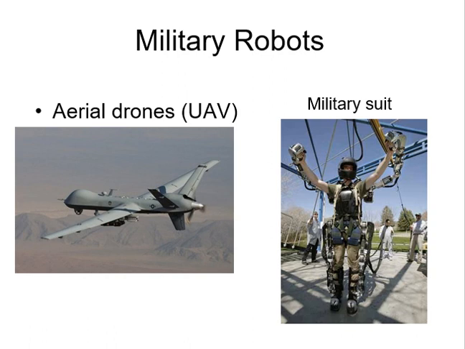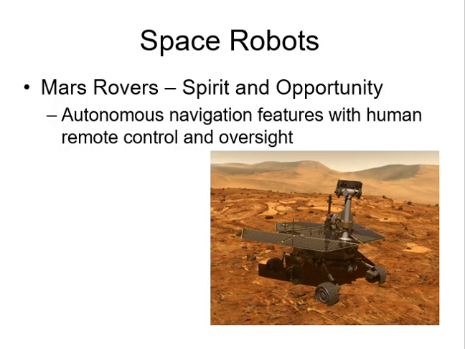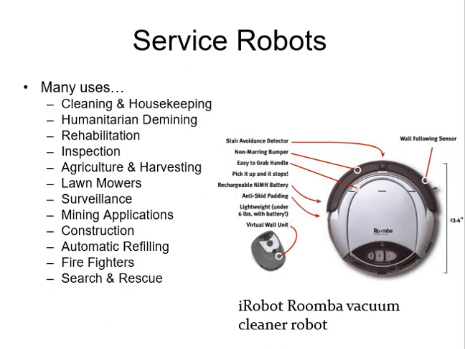And then we are going to see about space robots. Robots are used in all kinds of fields such as water, air, space, and military. In space it is used in Mars rovers, with autonomous navigation features, and human remote control is built into that robot. And then we are going to see about the services provided by robots.